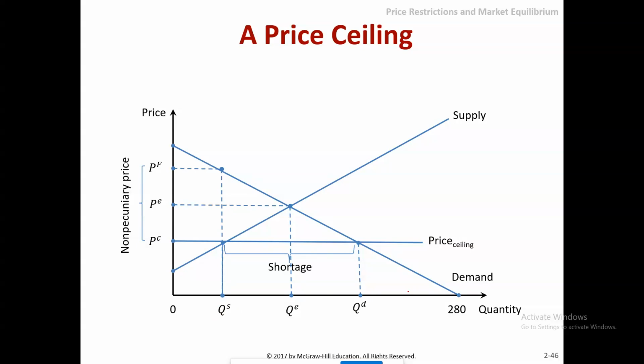Another example will be rent control. Rent control is very popular in big cities like New York, and in North Carolina, in city areas like Winston-Salem or Charlotte downtown. They have rent control.